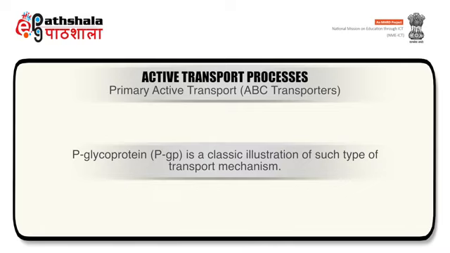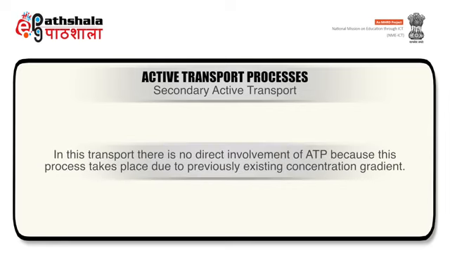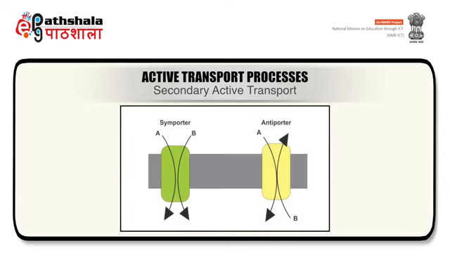P-glycoprotein is a classic illustration of this type of transport mechanism. Now we discuss the secondary active transport. In this transport, there is no direct involvement of ATP because this process takes place due to a previously existing concentration gradient. This is shown as figure number 6 on the screen.